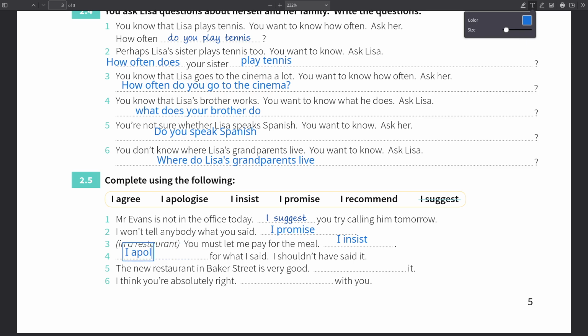The next one. The new restaurant in Baker Street is very good. So in this case, I recommend it.